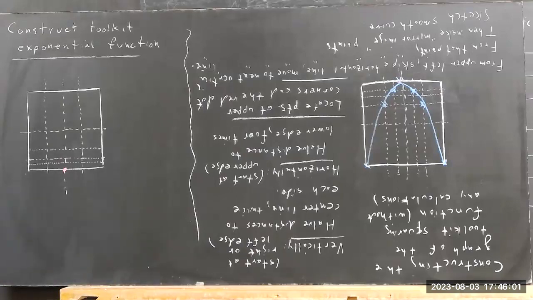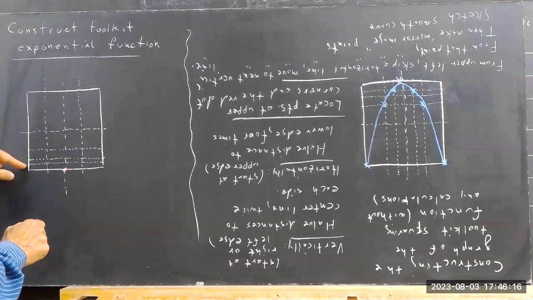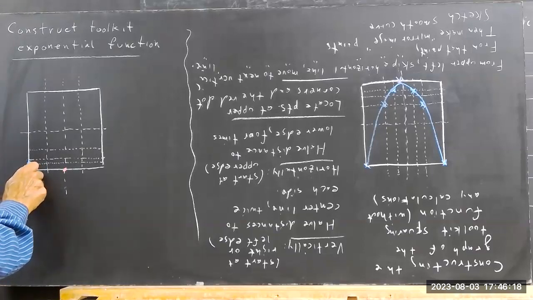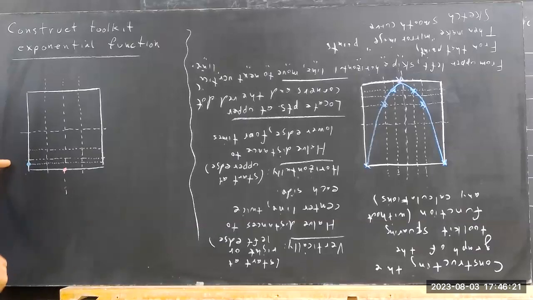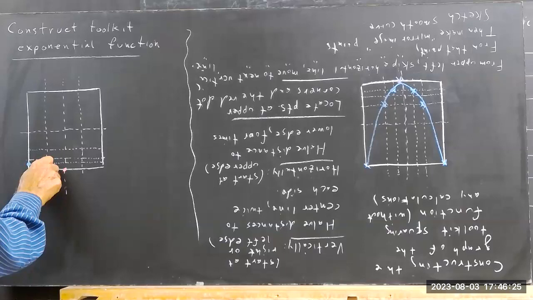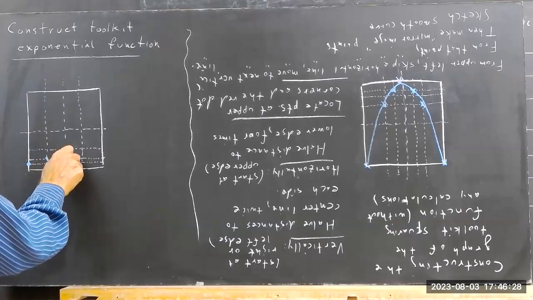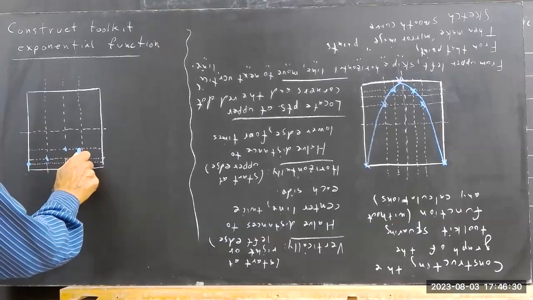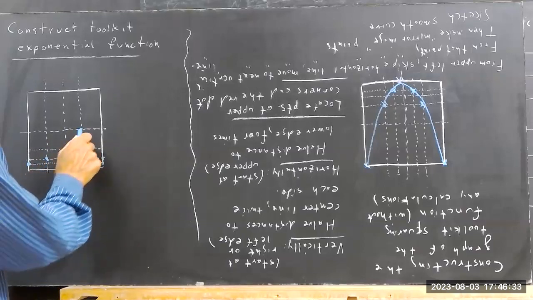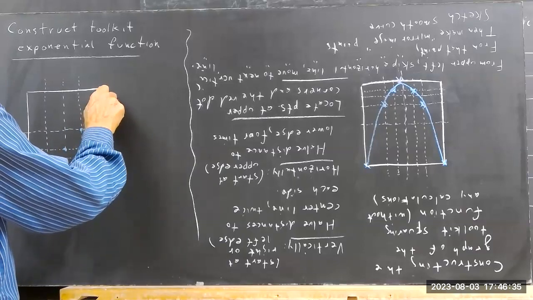Okay, now the procedure for locating your dots is very simple. You start here at the left edge on the lowest dotted line, not on the lower edge of the square, but on this dotted line. Then we move to the next vertical line and the next horizontal line, and again the next vertical line and the next horizontal line, and so on.